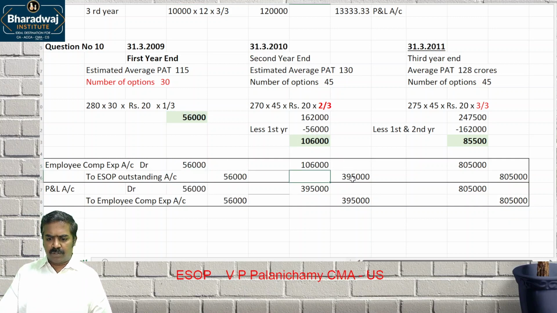Pass a journal entry also. They ask you to pass a journal entry, right? Are they asking only for the amount? Expenses up to the feature.